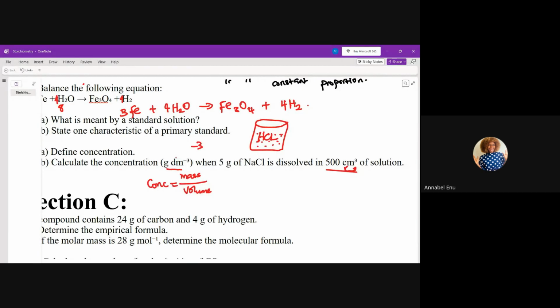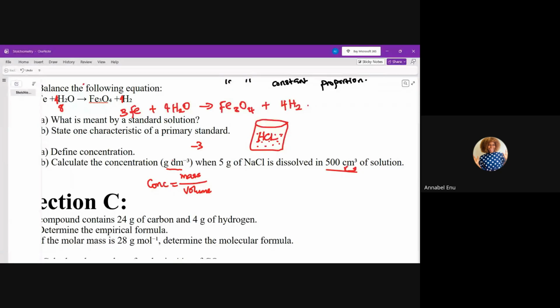Okay, so we have to stick with one volume, because dm cube as the unit of concentration was given by the volume. We can't have dm cube and centimeter cube in one single question. It's either we use dm cube or centimeters cube. But the question says we should make our concentration in dm cube.